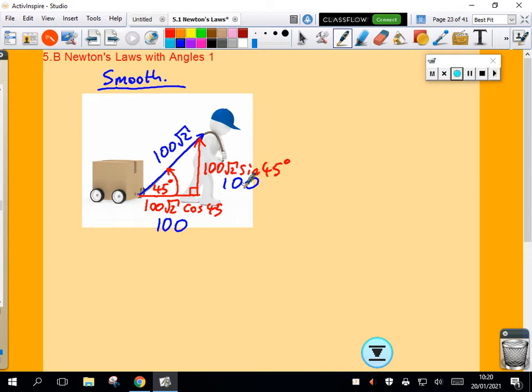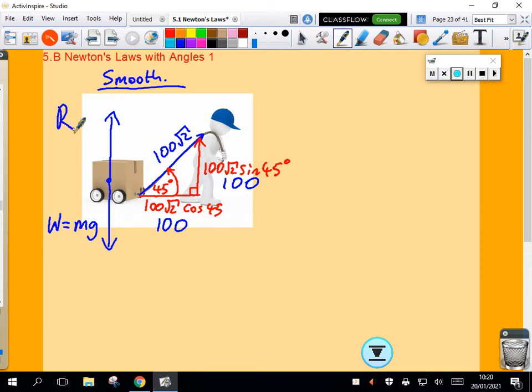What other forces are at work on the box? Well, there's going to be a force downwards, which is called the weight. The weight, remember, is always equal to the mass of the object times little g, the acceleration due to gravity. That's just an extension of F equals ma. Also, there's going to be another upward force, which we call the normal reaction.